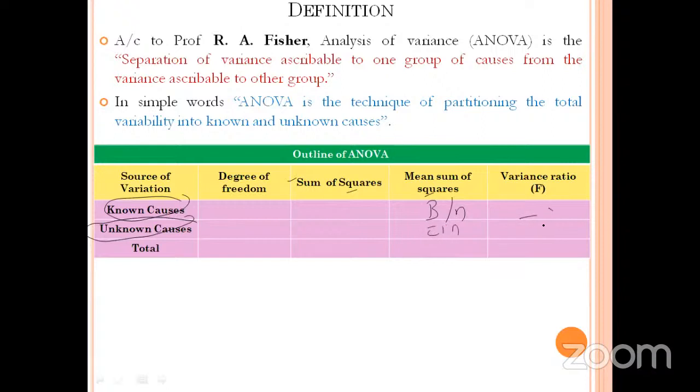You take the ratio, and if it is more than 1... Usually you will take the critical value for the F ratio, but for the outline, remember that if it is more than 1, it is significant, or if it is less than 1, it is insignificant. So that is the ANOVA table principle, the ANOVA table secret. Have you understood what ANOVA is, why it is used, and what we are actually trying to do in ANOVA?